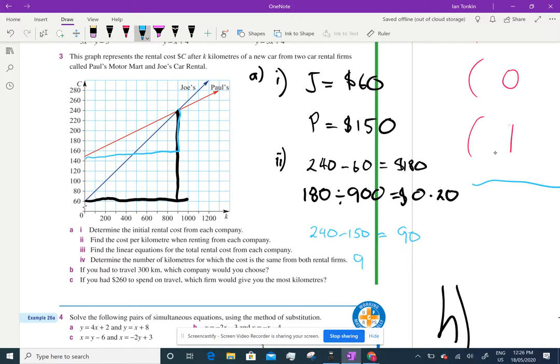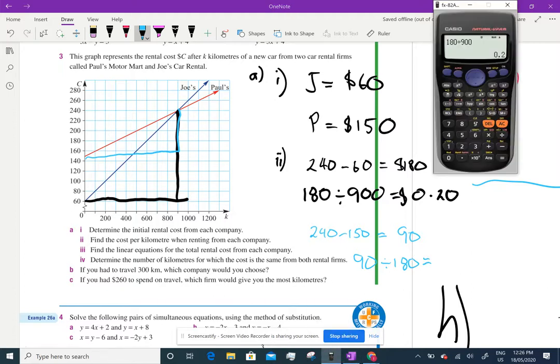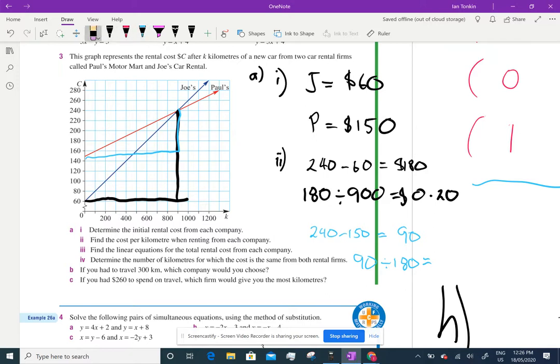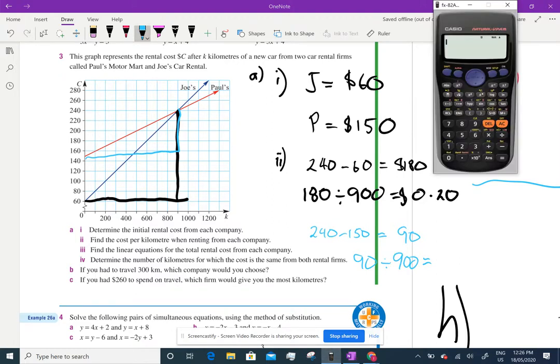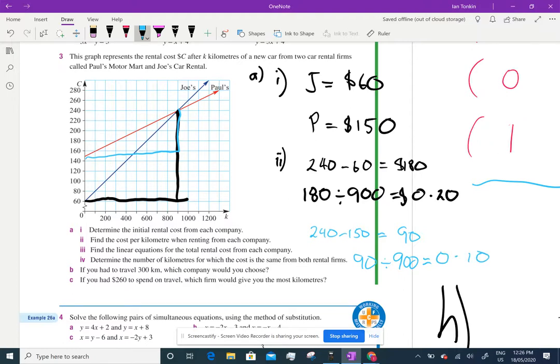Therefore, 90 divided by, not 180, 900, thank you. Well, that's going to be a tenth, it's going to be 10 cents. 90 divided by 900, 10 cents. All right, I'm going to let you do the others.